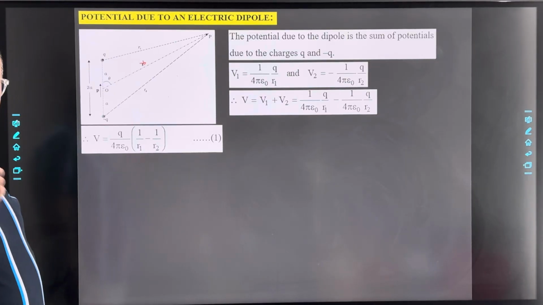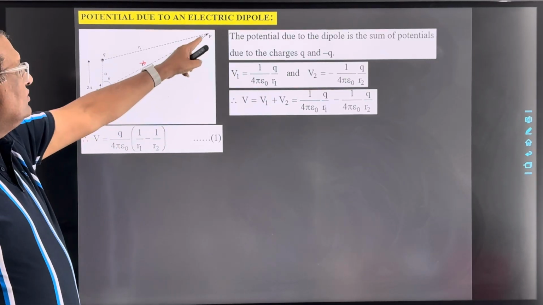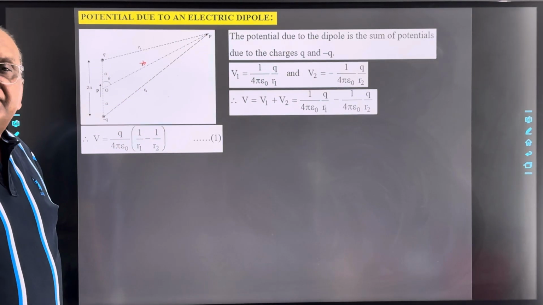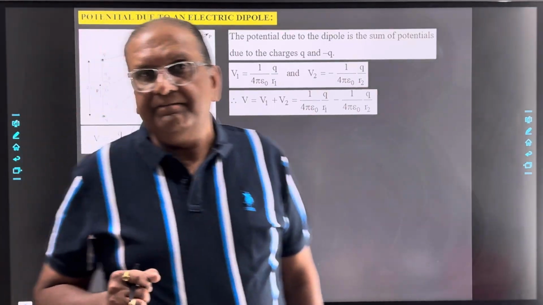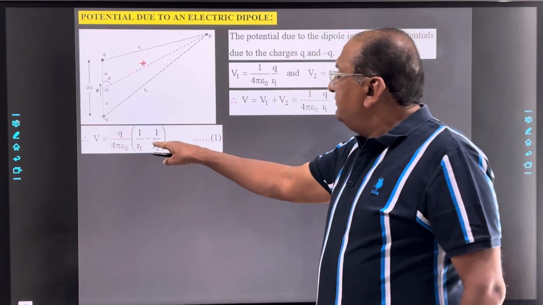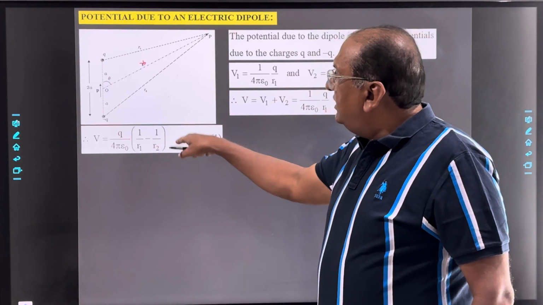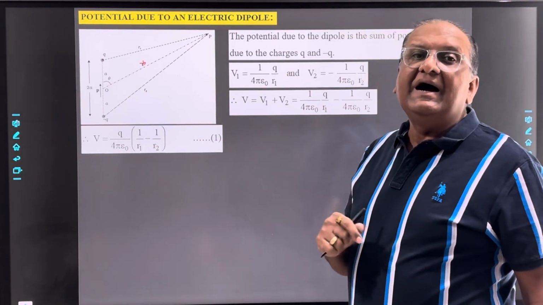But here we have the distances of that particular point with respect to the center of the dipole, so we have to represent R1 and R2 in terms of R.